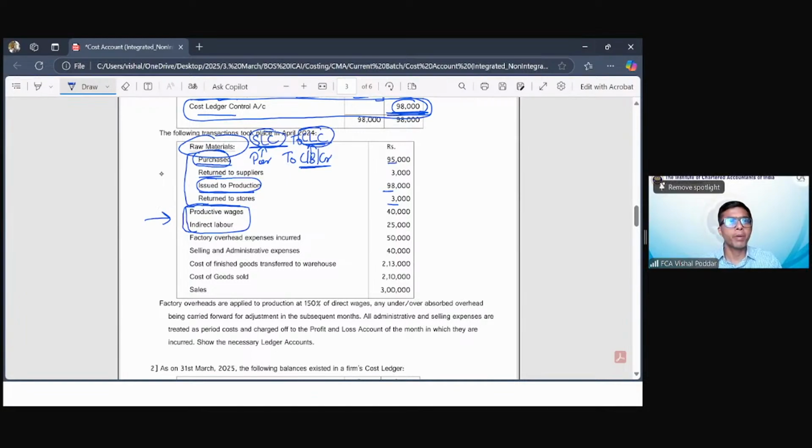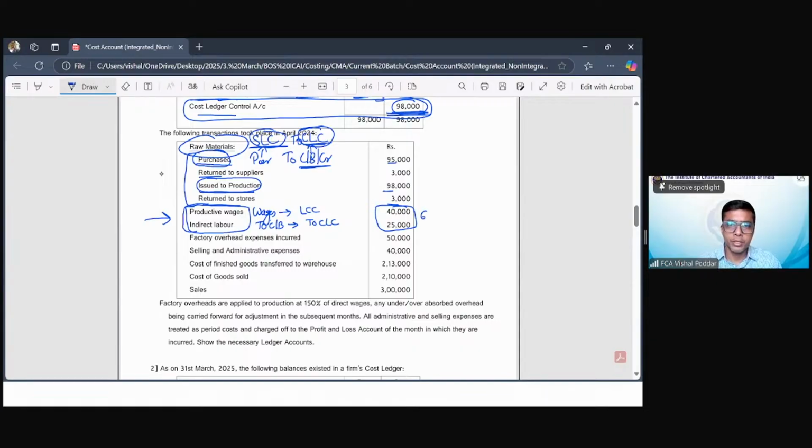So firstly, I am passing the entry for making payment of wages. Again, what will be my accounting entry? Wages debit to cash bank. This will be my accounting entry. Now, for wages, we have the LCC account, and for cash bank, had this been integrated, I would have posted it in cash bank only. But since this is non-integrated, I will post it to CLC. So I will combine both these figures because both are wages, direct and indirect.